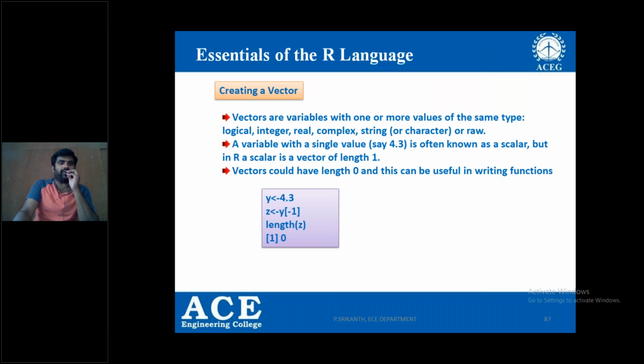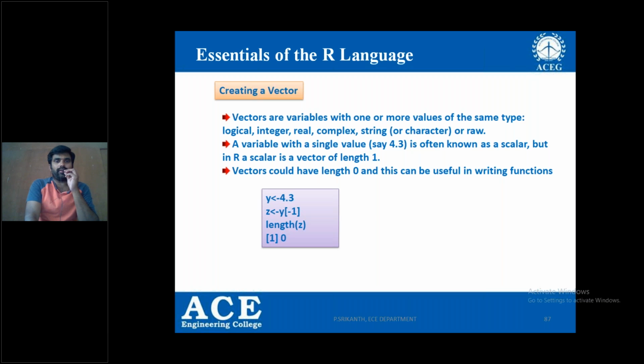And vectors could have length 0, and this can be useful in writing functions. So while writing functions, we sometimes make the length of the vector 0. Here is a simple example: a scalar is considered a vector with length 1, then how do you make the length of the vector 0? Because the garbage values must be removed from the vector whenever a function is defined, right?